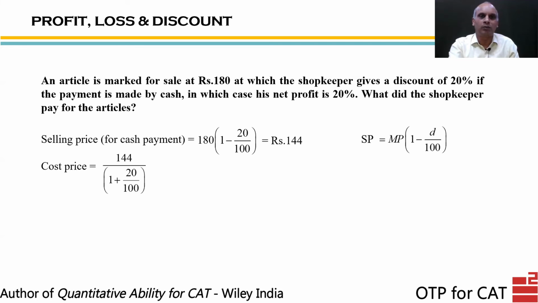And so it comes out to 144 upon 1 plus 20%, which is rupees 120. So we see that we were given mark price and discount percent from which we calculated SP. And once we knew SP and we were also given 20% profit from SP and profit percent, we were able to calculate the cost price.